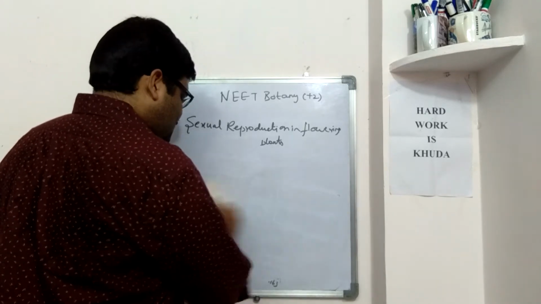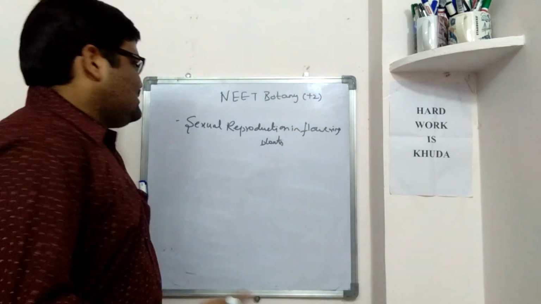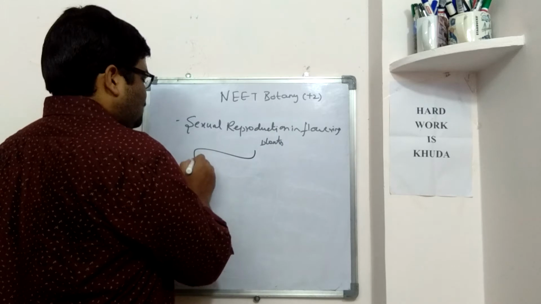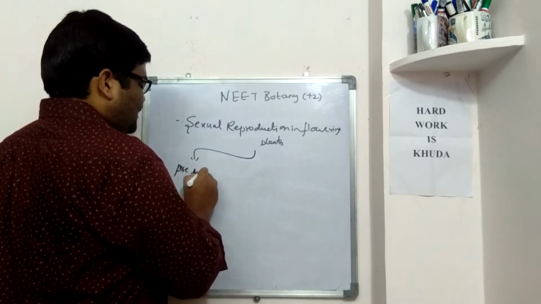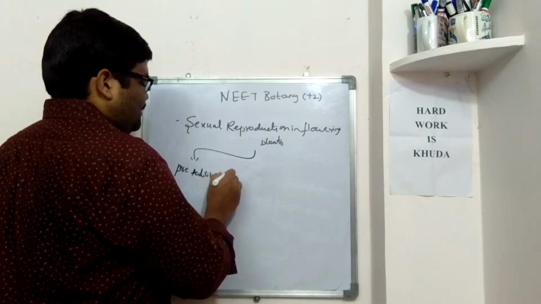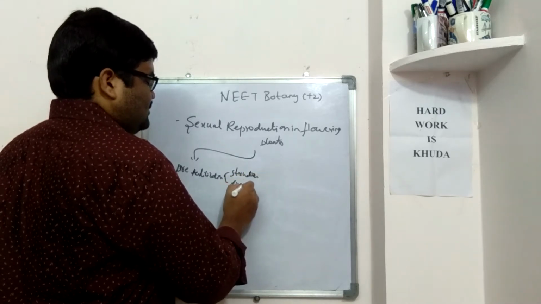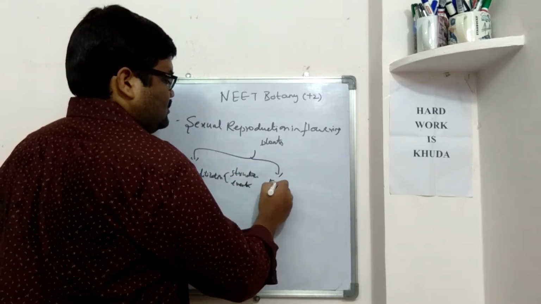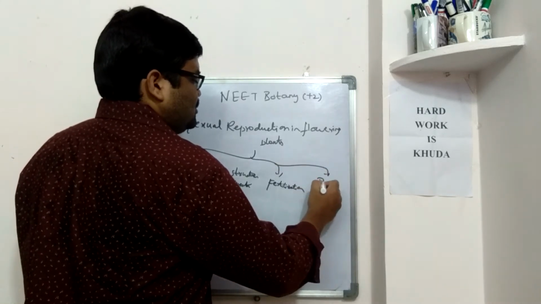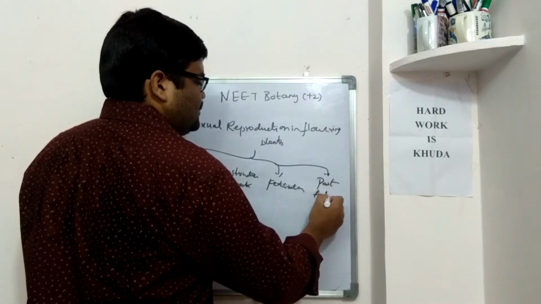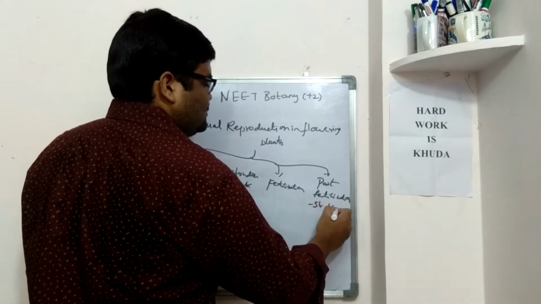Under the heading of sexual reproduction in flowering plants, it can be conveniently divided into 3 sub themes. For example, pre-fertilization structures and events, then fertilization, then post-fertilization structures and events.